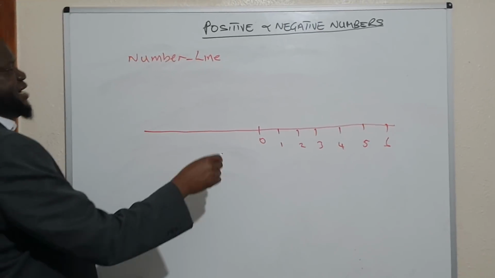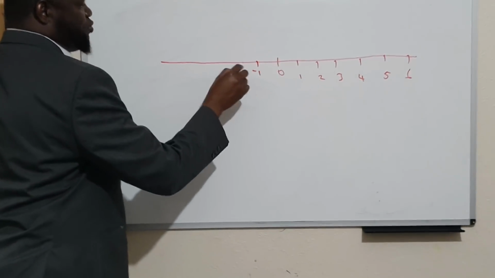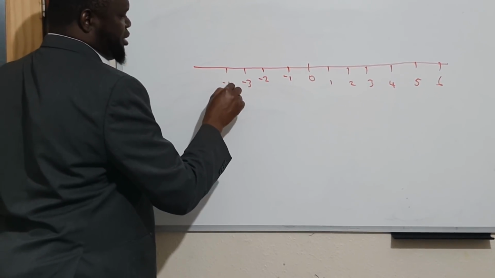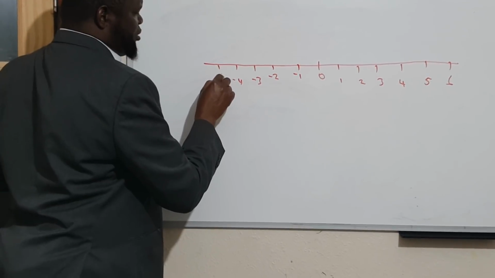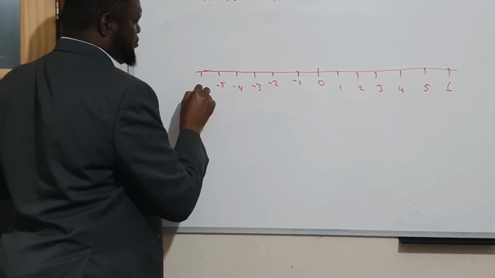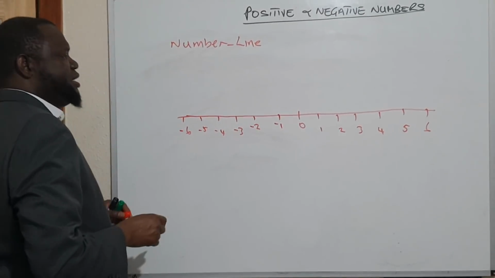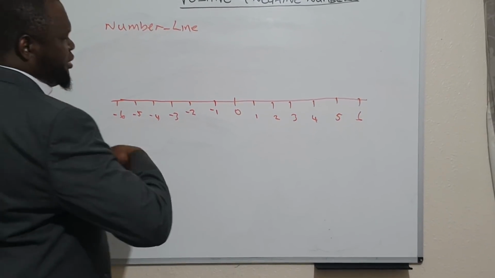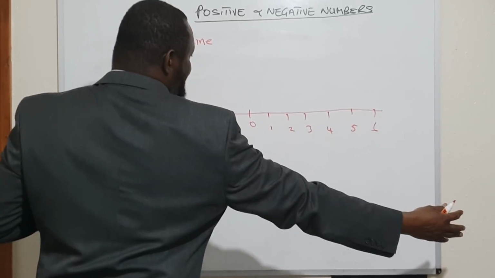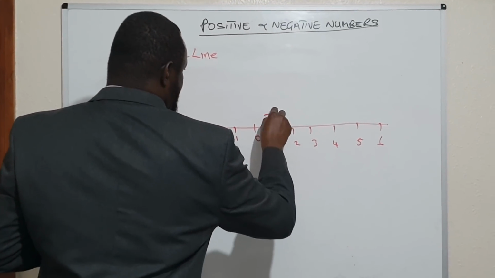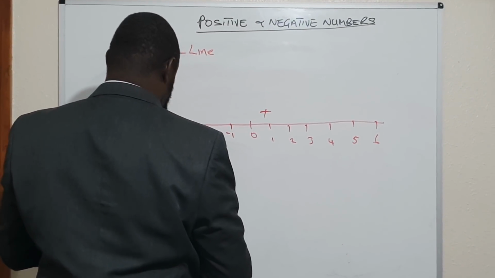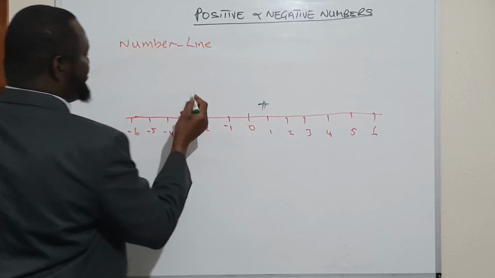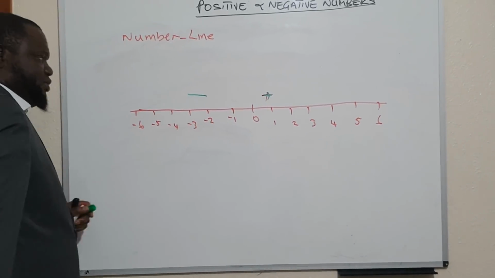On the left hand side, you have minus 1, minus 2, minus 3, minus 4, minus 5, minus 6. This is called number line. 0 in the middle. As you go to the right is positive, as you go to the left is negative, minus.